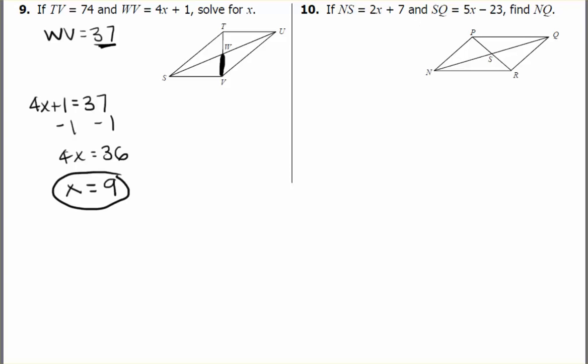So for 10, you have that NS is 2x plus 7, and then that SQ is 5x minus 23. So before I put the marking saying that those two parts would be equal, so since the two parts are equal, we're going to set those two equations equal to each other and solve for x.